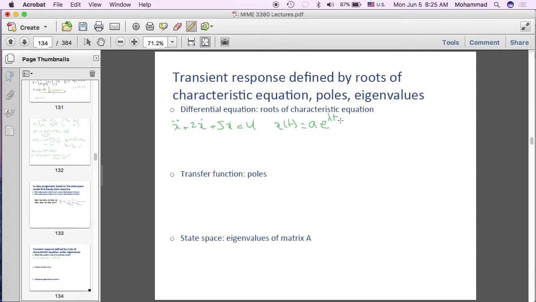Okay, so how am I going to find lambda? I'm going back to what I know. I know this is the differential equation of the system, and in it I have x dot and x double dot. So let me find x dot. What would x dot of t be? If x is this, what is x dot?